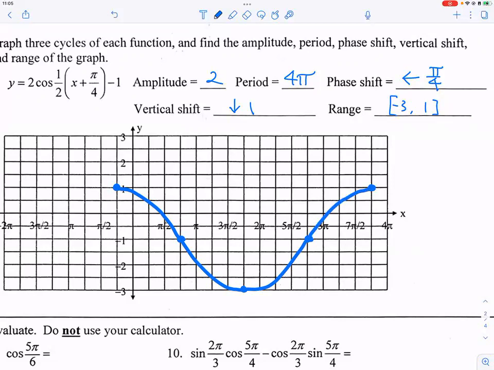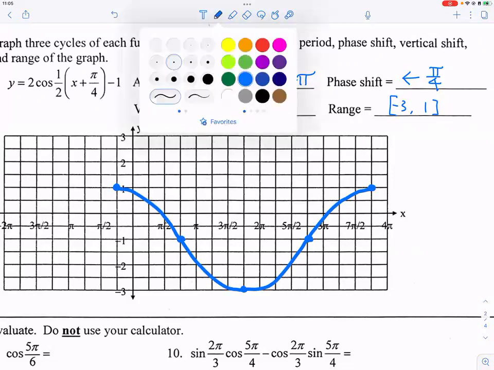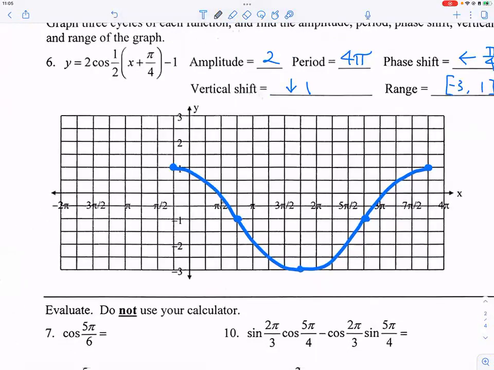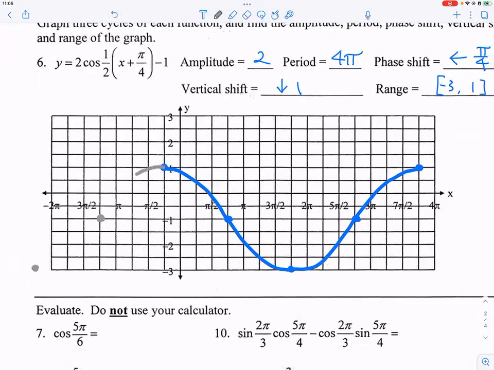So these are the points, and this is the graph for the first wave. And you've got to finish up the rest. So let me use a gray color for the rest. We know that every 4 squares, you get a major point. So 4 squares to the left, it hits the midline again, and then 4 squares more to the left, it hits the bottom.